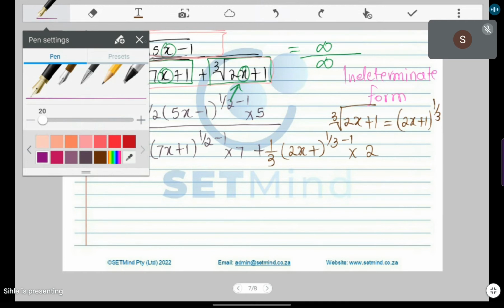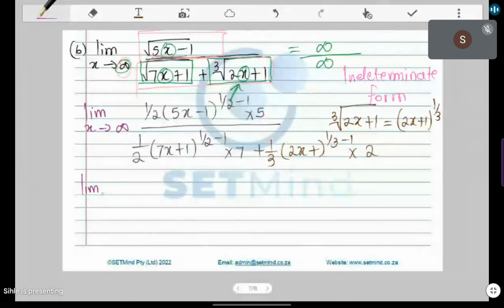So let me quickly try and write this neatly and see if this is going to work.